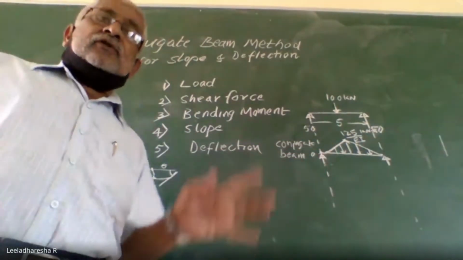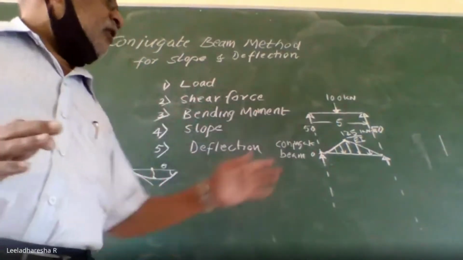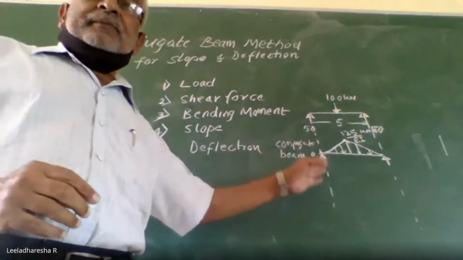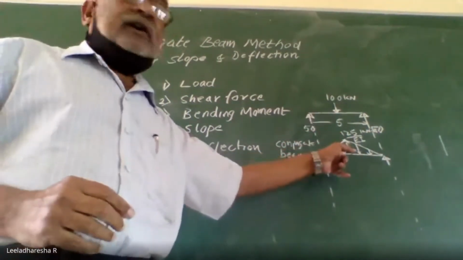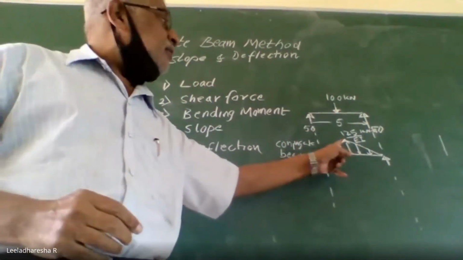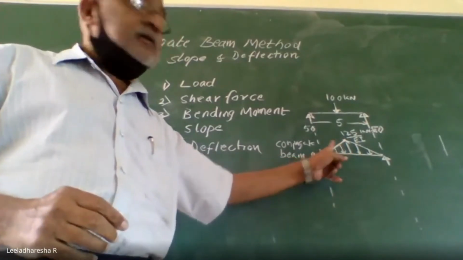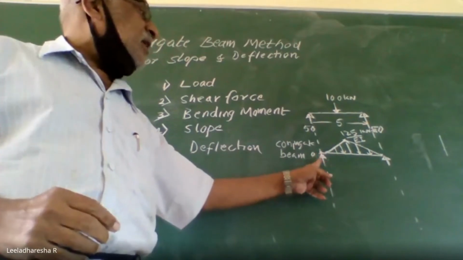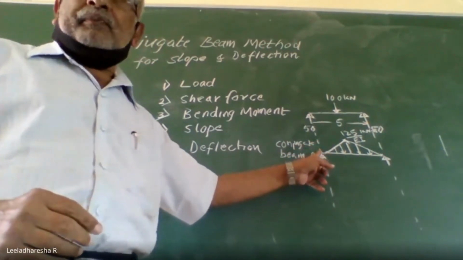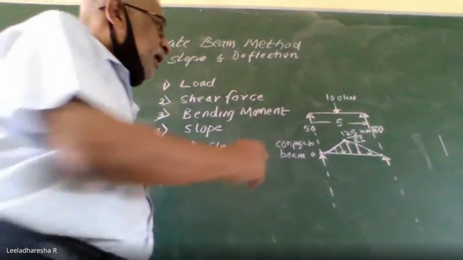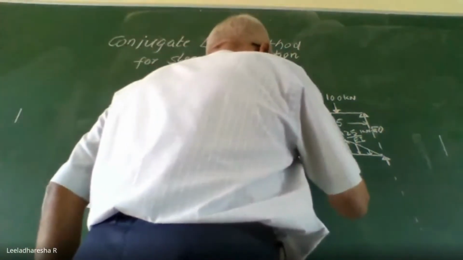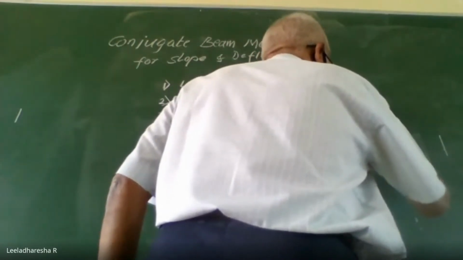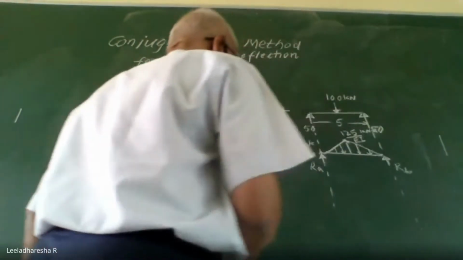If you want slope at any particular point, what is the slope at A? Determine the shear force due to elastic loading. This you must treat as load. Determine this particular reaction. That reaction becomes the slope at A. So I will call this reaction RA for the conjugate beam and this reaction RB.